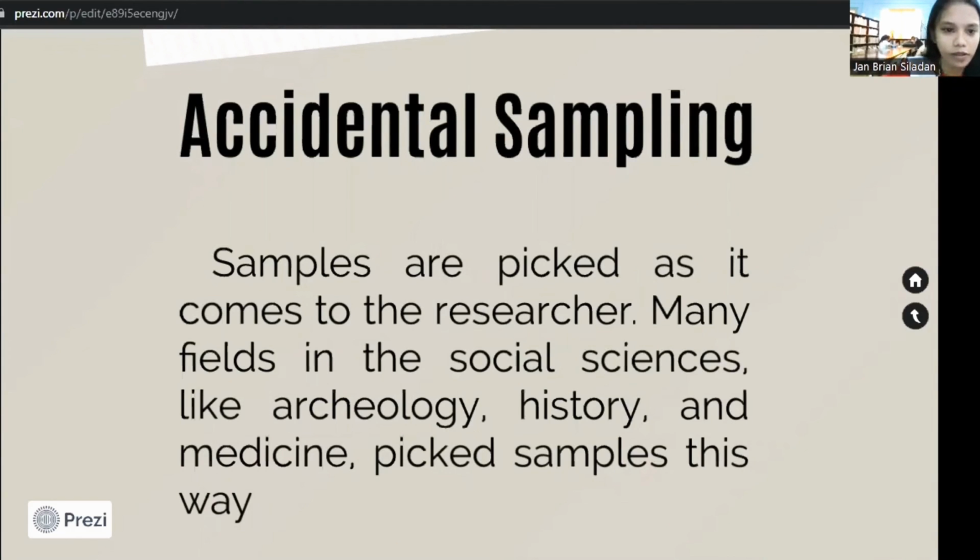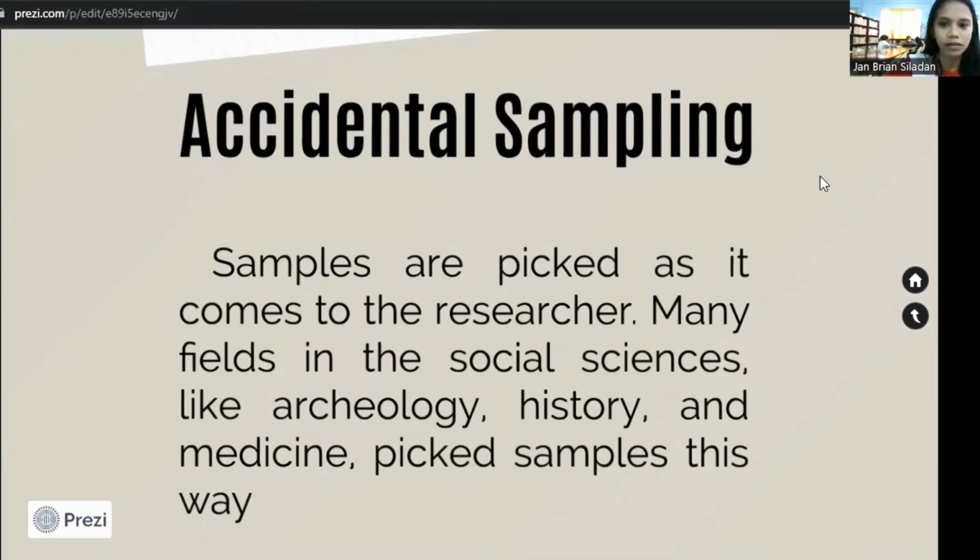In accidental sampling, samples are picked as they come to the researchers. Many fields of social science like archaeology, history, and medicine pick samples this way. But it is often incorrectly assumed that the samples picked are typical of the population they come from.